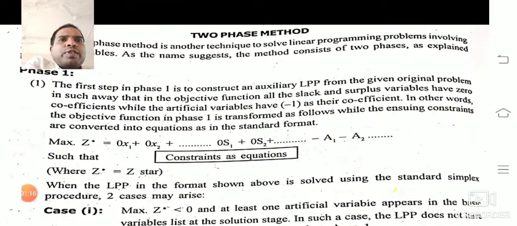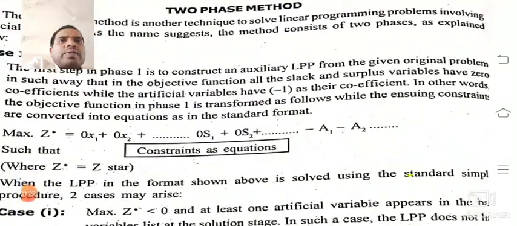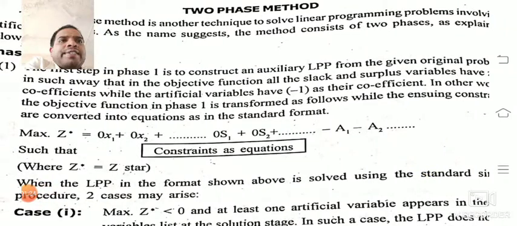In other words, the objective function in phase 1 is transformed while ensuring the constraints are converted into equations as in the standard format. That is, maximize Z* equals 0x1 plus 0x2 plus 0s1 plus 0s2, which involves the surplus variables as well as the artificial variables.